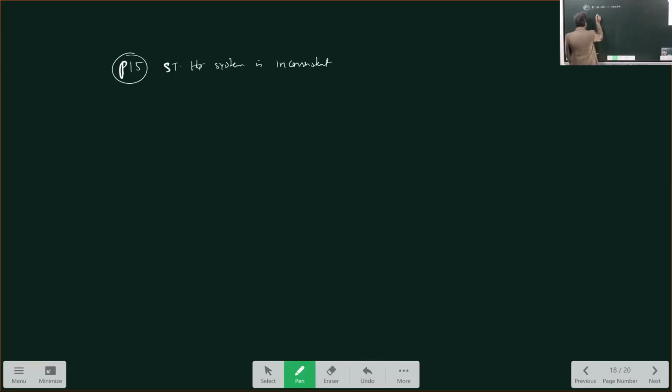So the system is x plus y plus z is equal to 4, 2x plus 5y minus 2z is equal to 3, x plus 7y minus 7z is equal to 5. So the hint is you need to show that the rank of A is not equal to the rank of the augmented matrix.